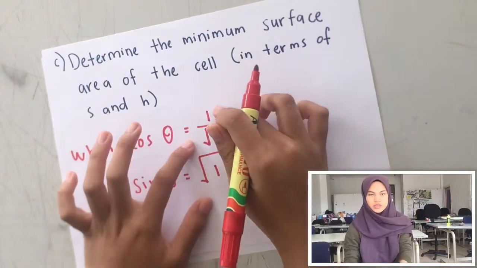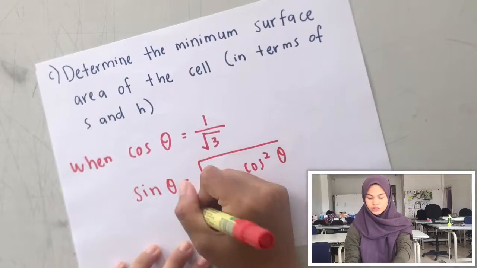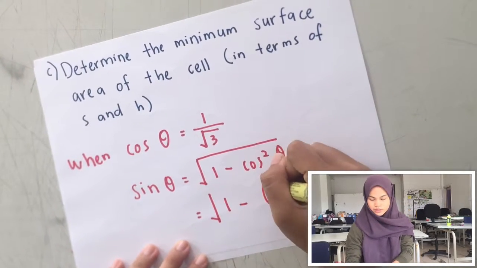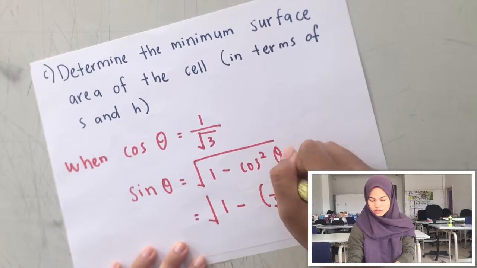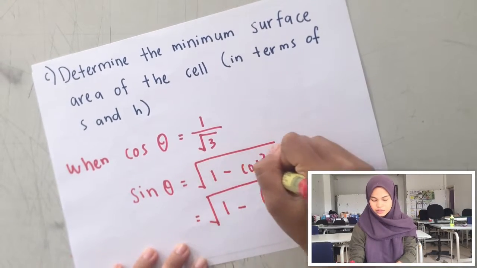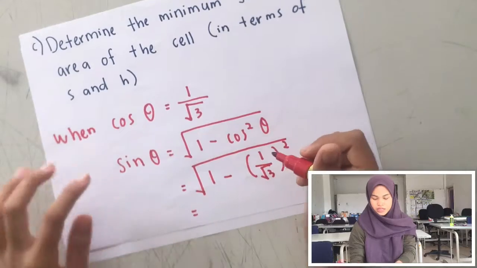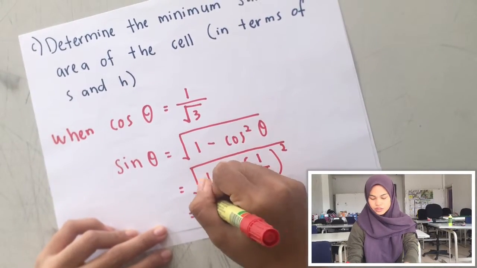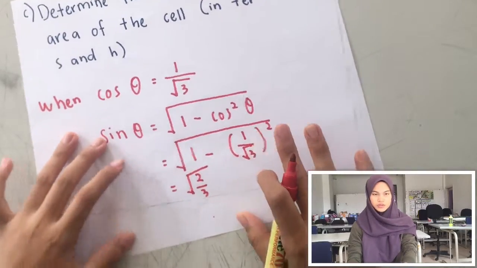So we just substitute the value of cos theta here. So it will be 1 minus 1 over square root 3, squared. So the answer for sin theta is square root 2 over 3. So this is the value for sin theta.